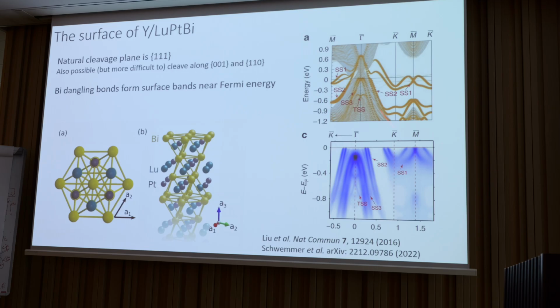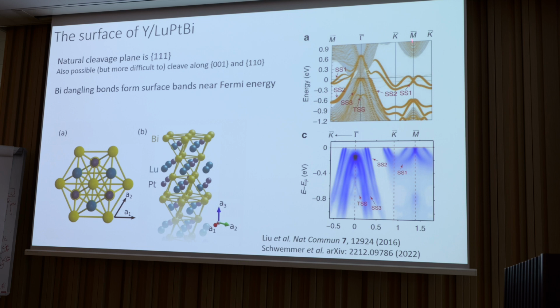These are DFT calculations, and these are ARPES measurements from Claudia's samples, that show the topological surface states here. They turn out to be quite far away from the Fermi level. However, near the Fermi level, we have surface bands, as you can see here in the ARPES and here in the DFT, that originate from bismuth dangling bonds.